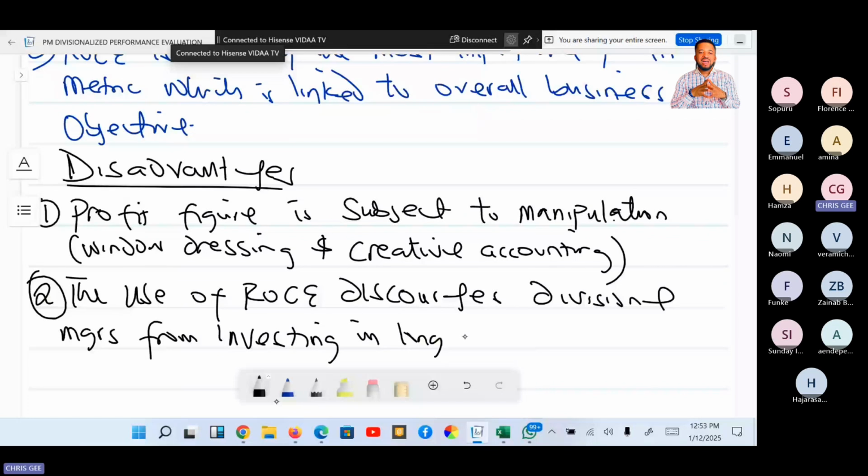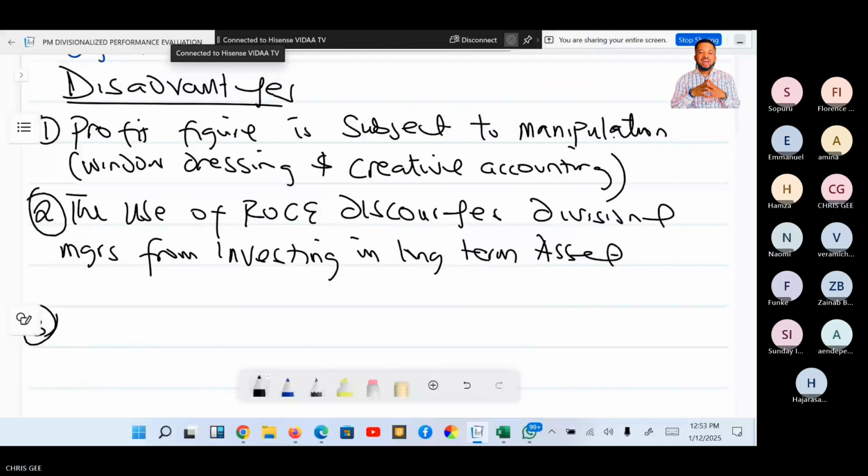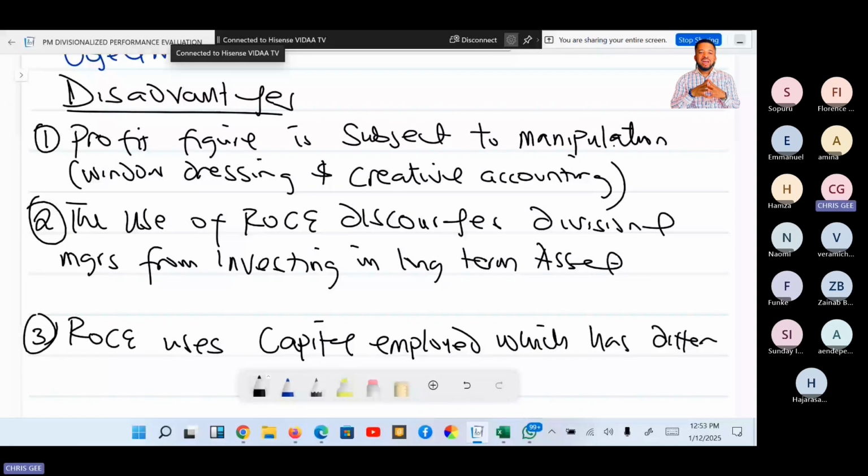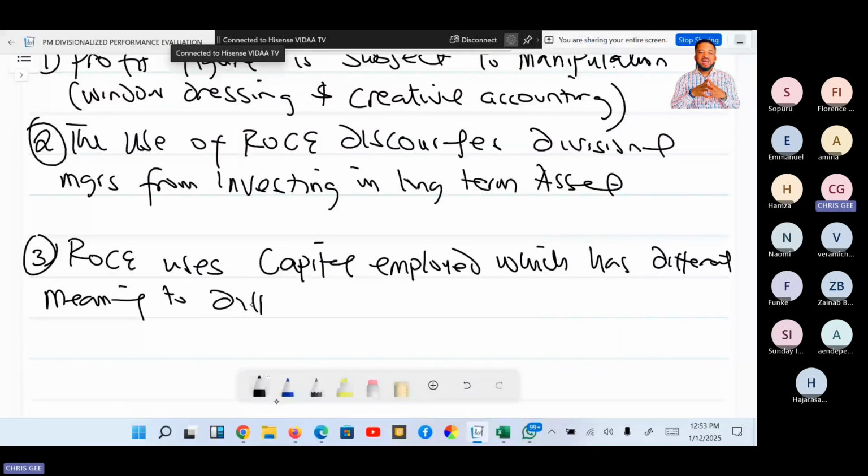Number three, RoCE uses capital employed, which has different meaning to different entity.